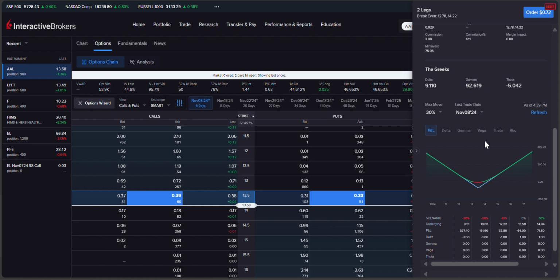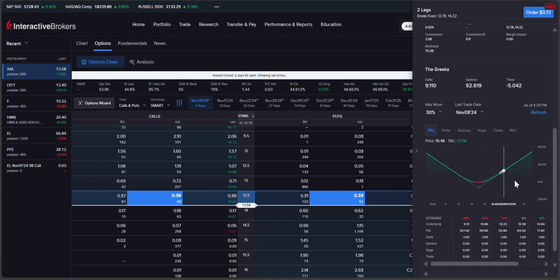All right, and so as you can see here, because these options are at the money, or as close as possible to at the money, this is quite costly. It costs more to set up this strategy. But of course, as you can see right here, if the stock skyrockets or if the stock plunges, you will be far into the money.